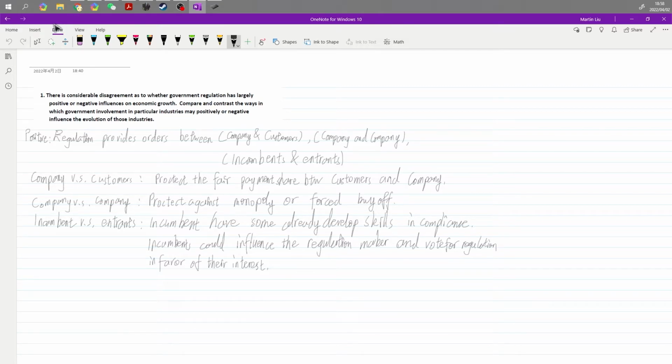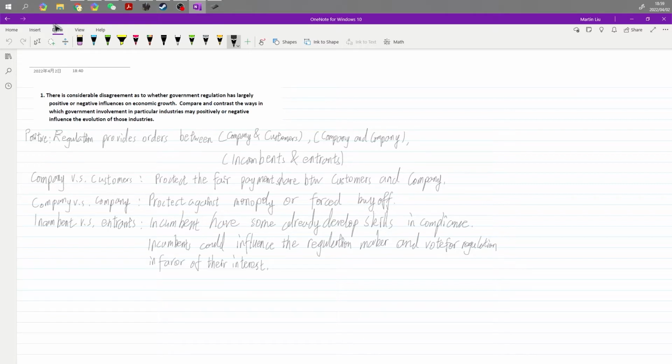And one other important thing to know is that usually this kind of regulation committee, for example the large oil price controller in the Middle East, is one of the large producers in the entire oil producing industry, and they are also the committee, the ones actually making the regulation.